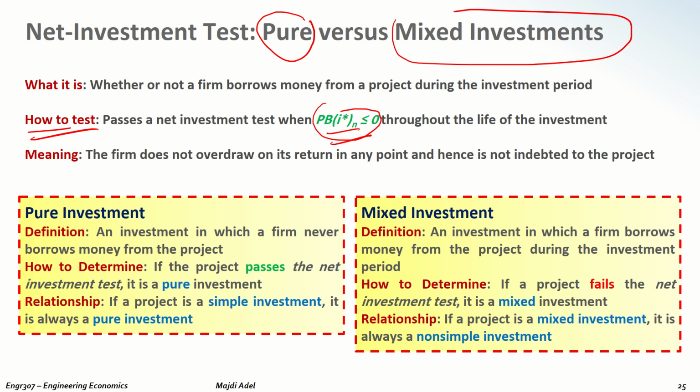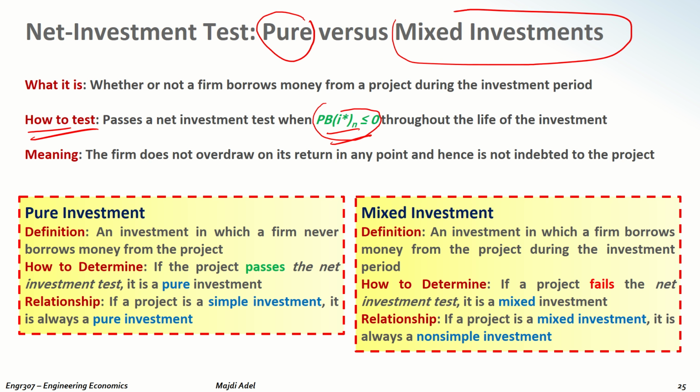If a project is a mixed investment, it is always a non-simple investment. And if you remember, a non-simple investment هو المشروع اللي بغير إشارته أكثر من مرة خلال حياته. وكل mixed investment is non-simple، بس مش العكس.